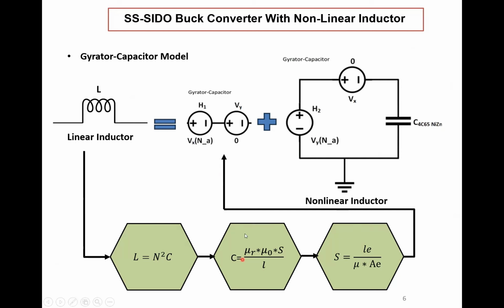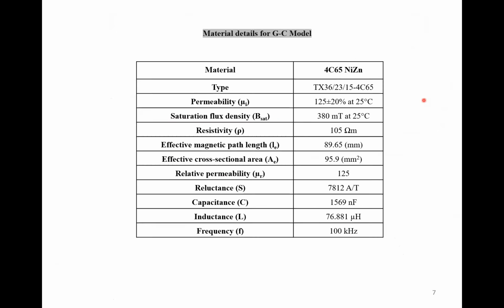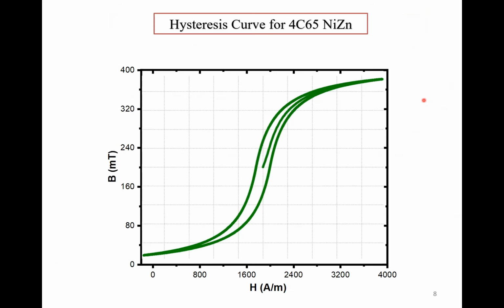So we will get the capacitance value, which will be used in this part to evaluate these magnetic materials in the single switch pseudo buck converter. We will operate the converter at 5000 kilohertz, as the 4665 nickel zinc magnetic material can offer a 5000 kilohertz frequency.